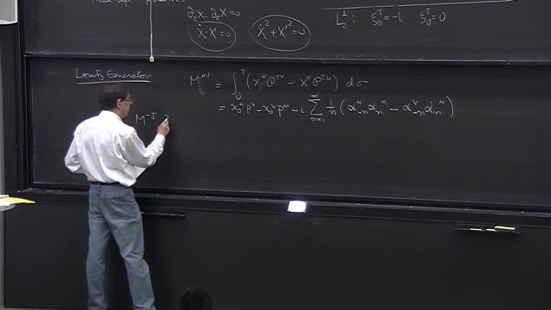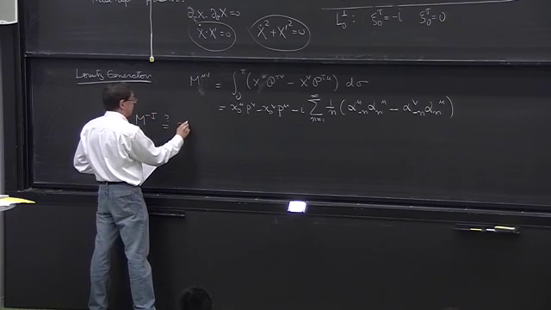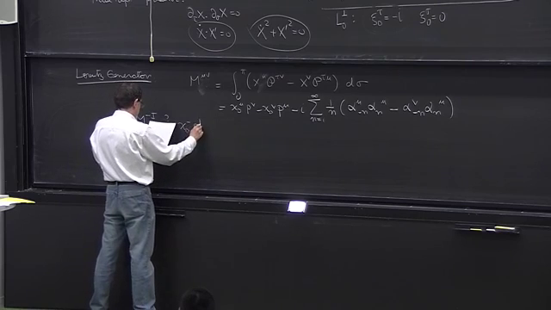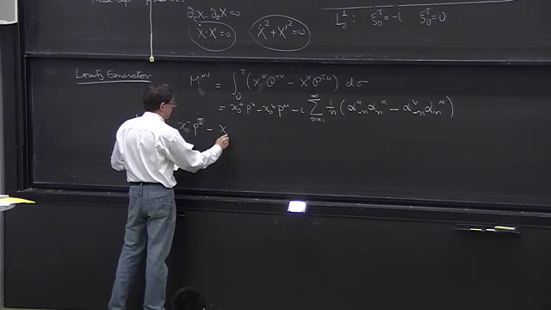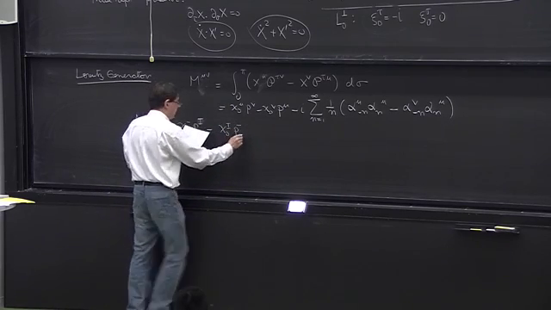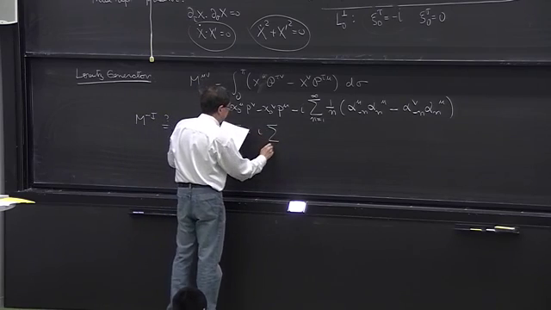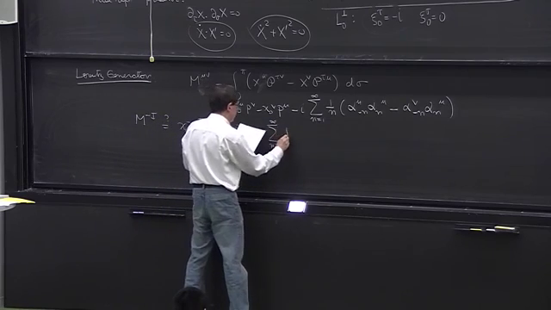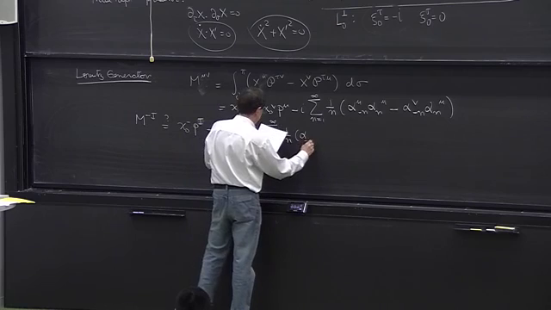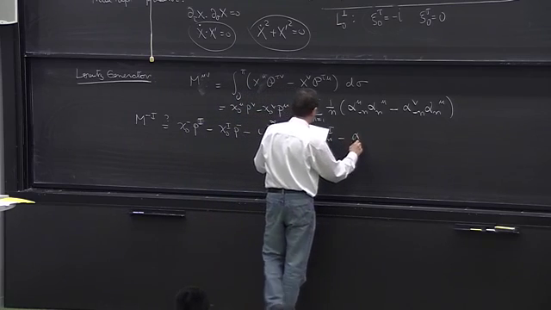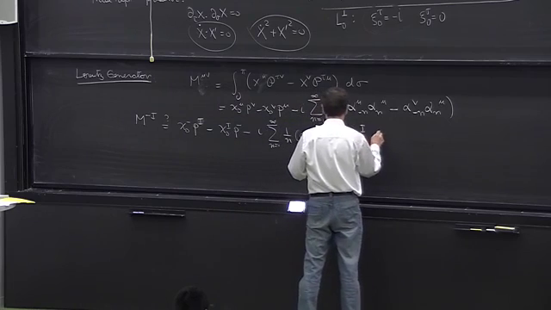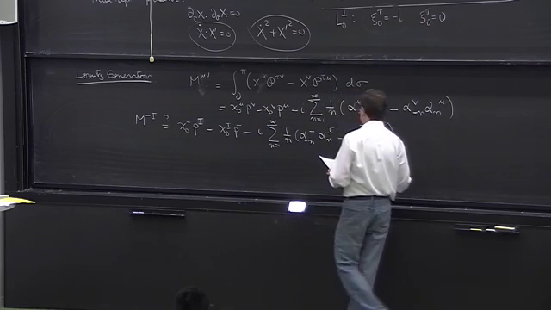Well, you try something like x0^− p^I − x0^I p^− − i, sum from n equals 1 to infinity, 1 over n, (α^−_{-n} α^I_n − α^I_{-n} α^−_n).